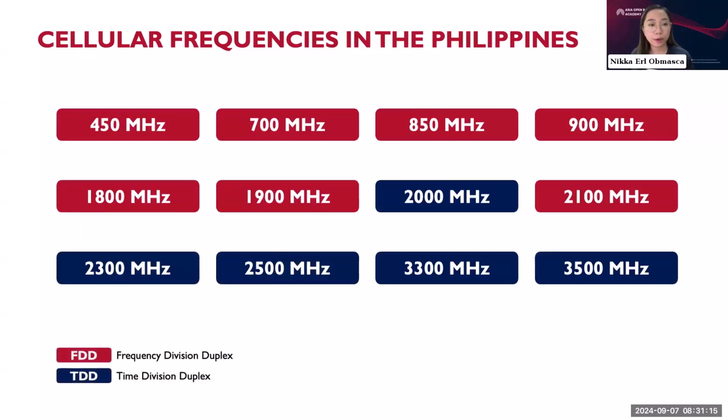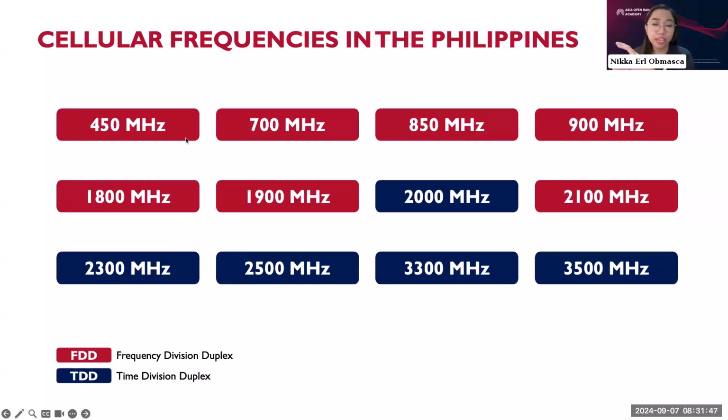So kapag yung red natin, these are in FDD, and yung blue natin is in TDD. So yung mga mobile operators natin, they buy these frequencies from the government. And dito then yung mga technologies natin that are existing to 4G, 5G, and so much, dito sila nagtatransmit ng mga frequencies natin.